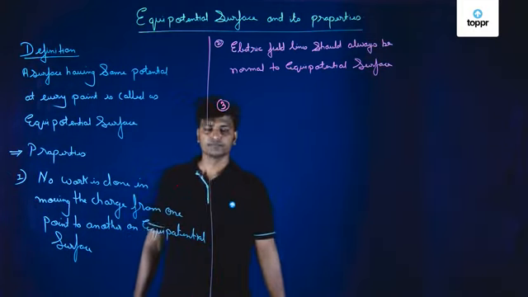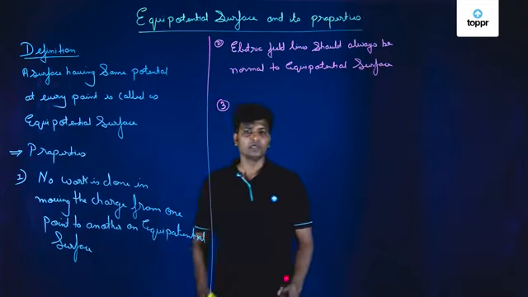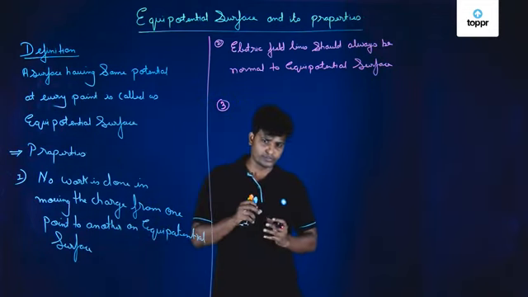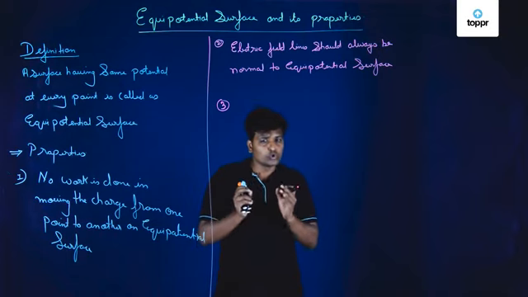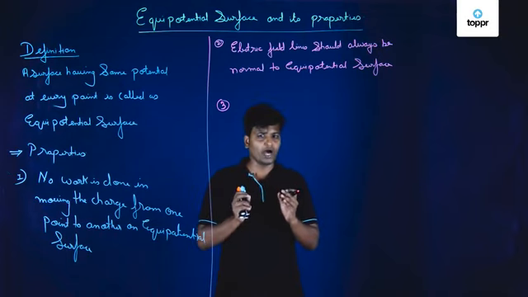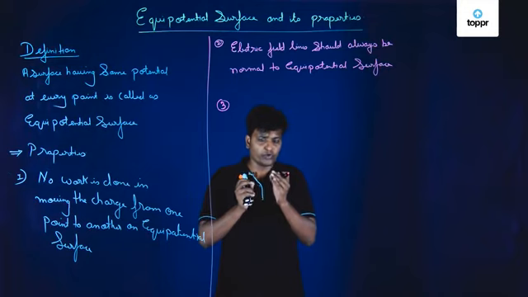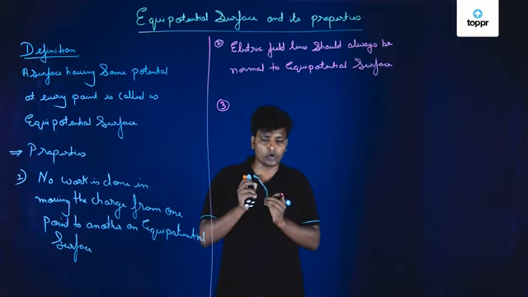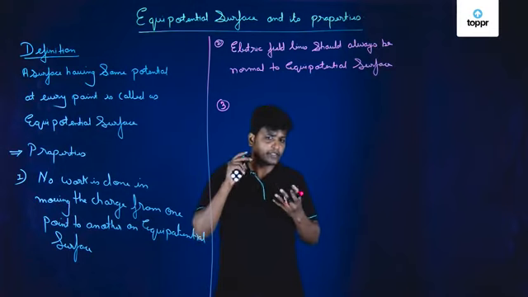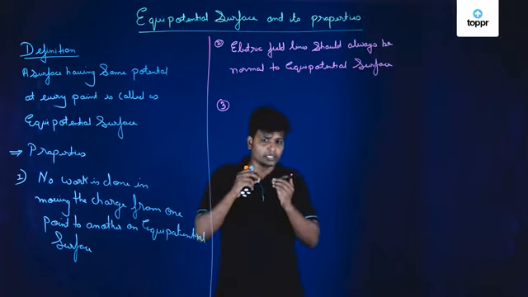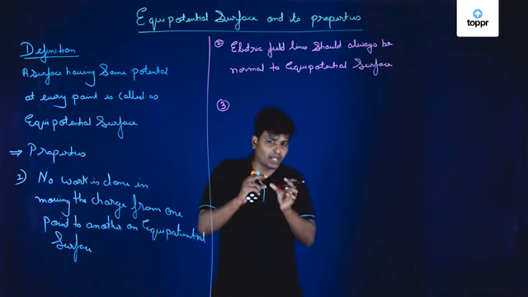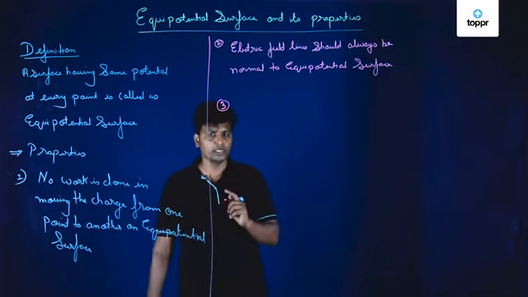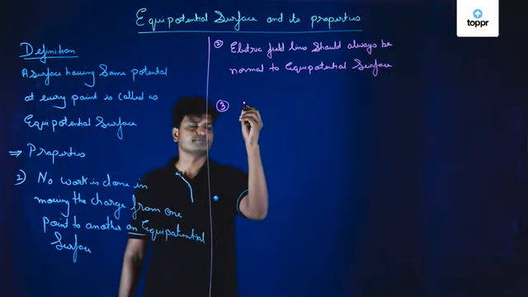Third property says that the equipotential surfaces are closer to each other where the electric field is stronger. So in the region where the electric field is stronger, the equipotential surfaces are close to each other. Okay, so this is the third property.